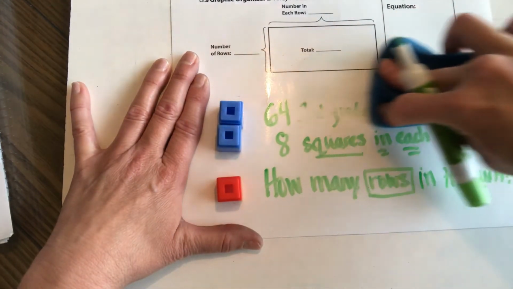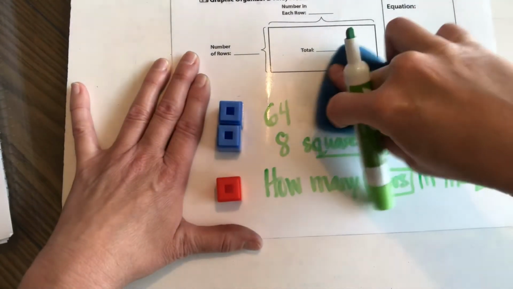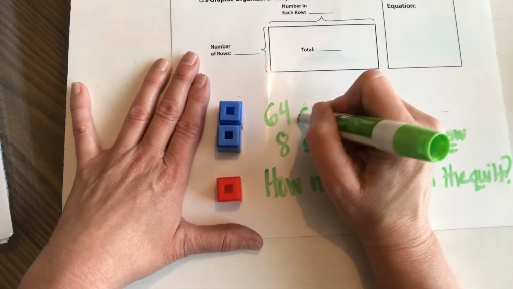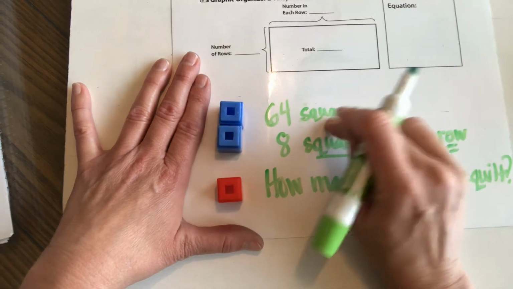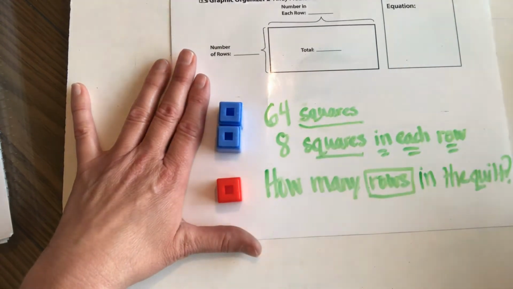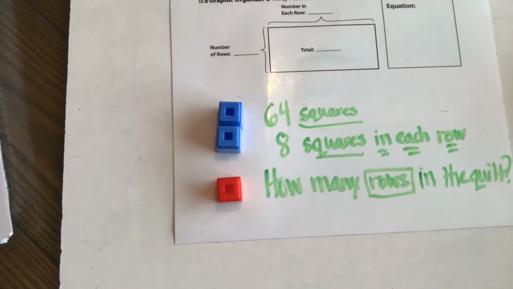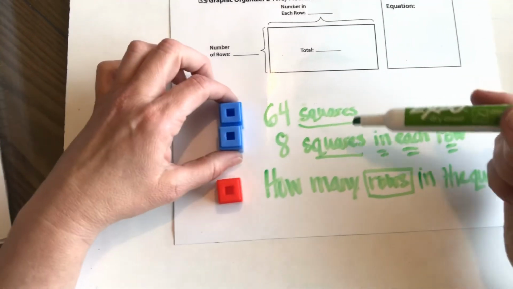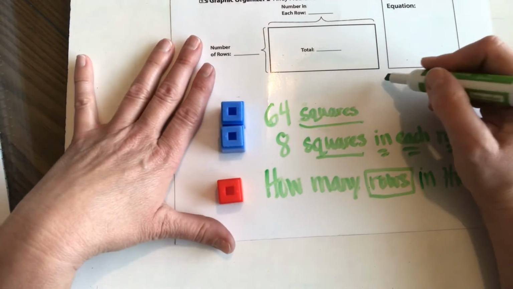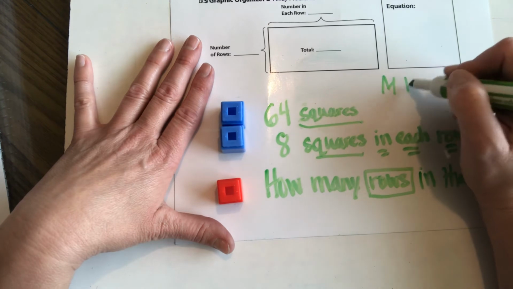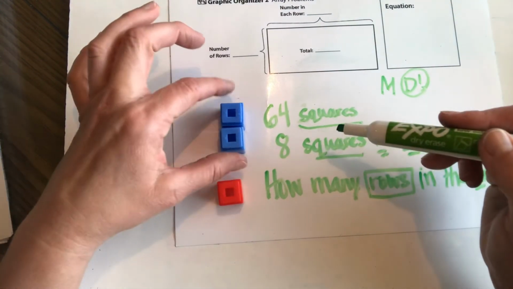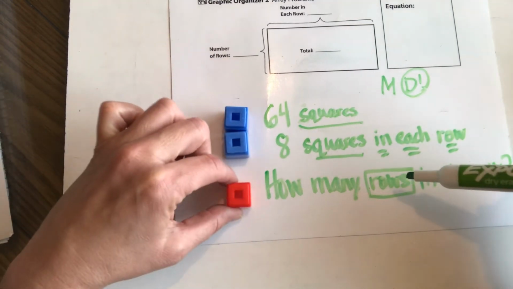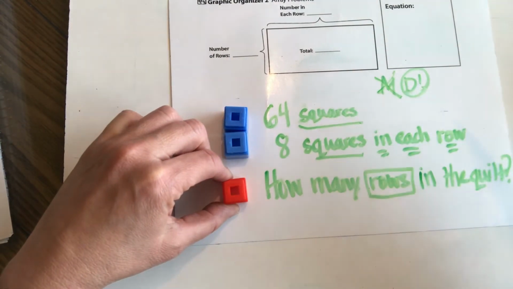It's much easier in my mind to say and understand that there are 64 squares because there are 64 students. So I've got squares, and I'm looking for rows. My labels don't match, but ding, ding, ding. My information in my story has the same label, and my question's asking for something different.